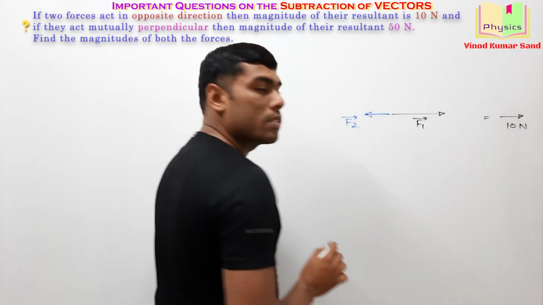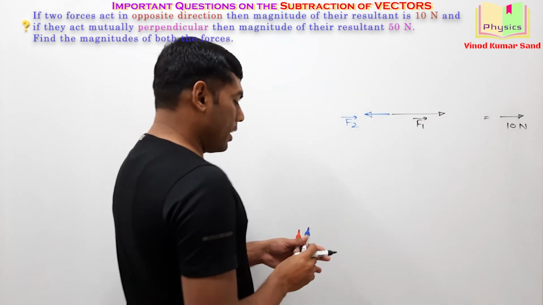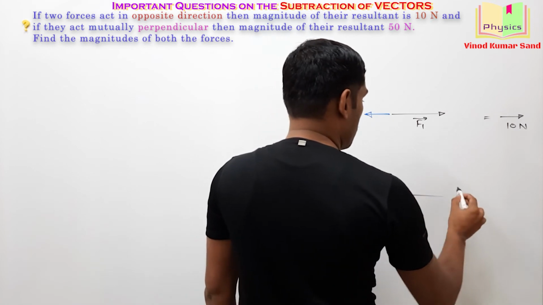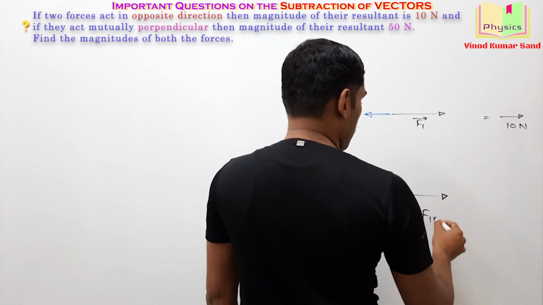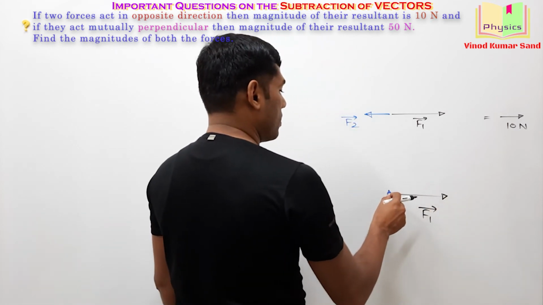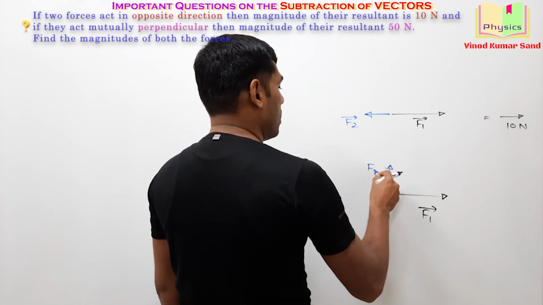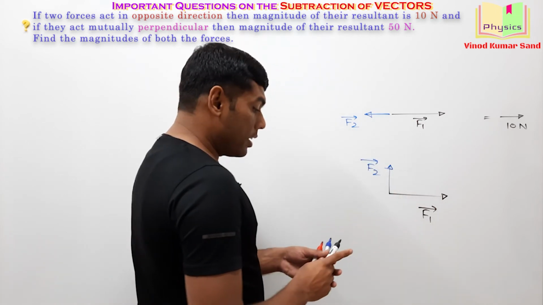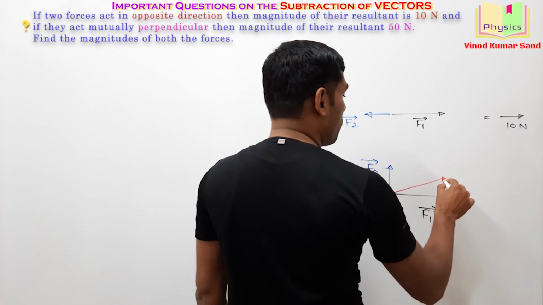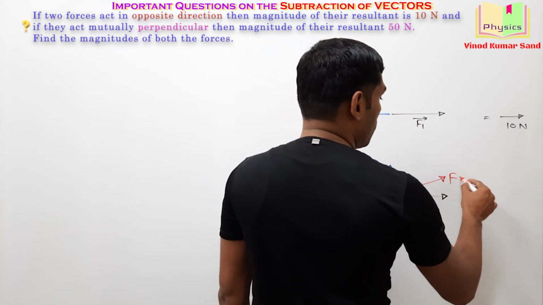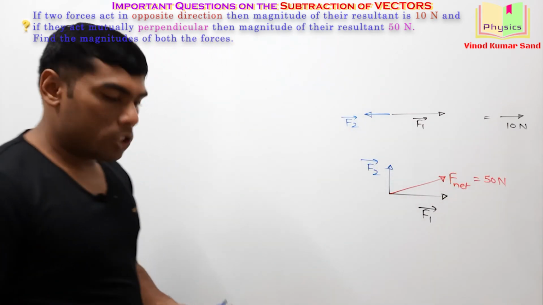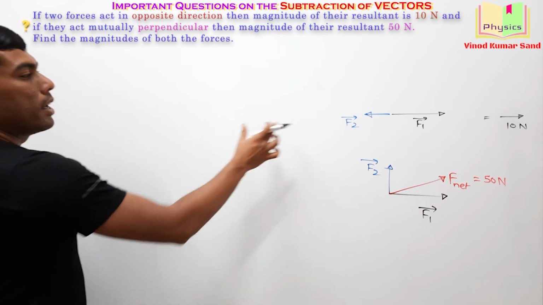Do you get this? The second case, if these forces are acting perpendicular like this, then the resultant force has a magnitude of 50 Newton. So I think the calculation part is pretty simple.